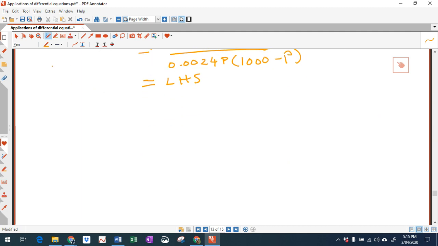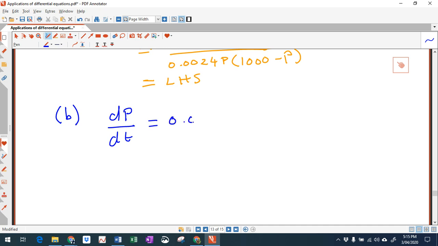We're going to use that given result. So we're given, we know that this is true, dP/dt. Now we've got to use separation of variables to get the exponential result in there.